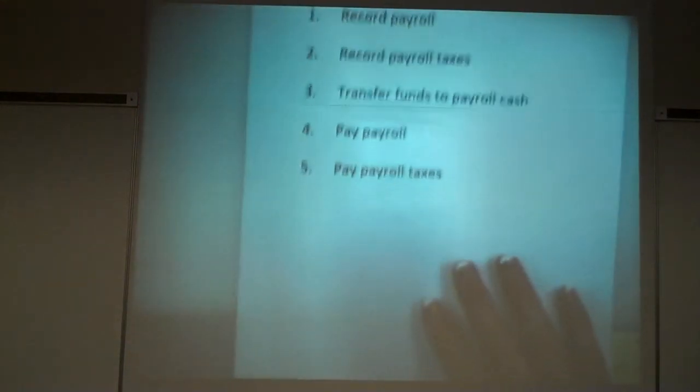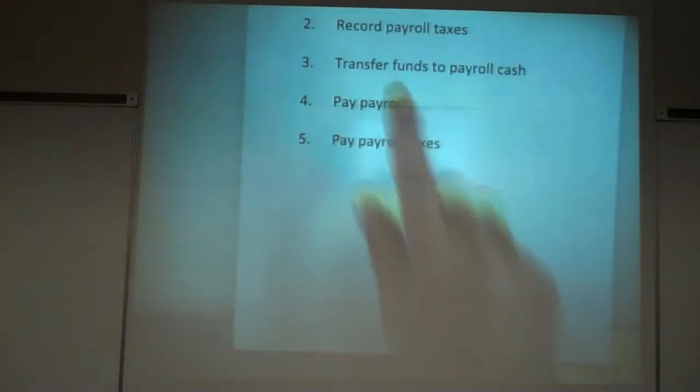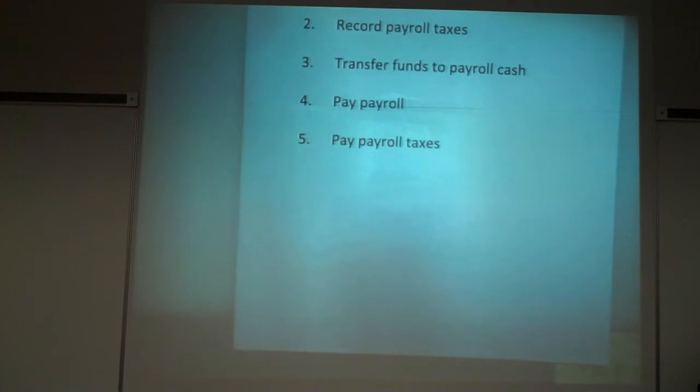All right. The next one, number 3, is the one that is not in the book, but you're doing it in Billy's. Most businesses have a separate checking account that is just for the payroll. So we're just transferring the money from our regular checking account, cash, to the payroll.